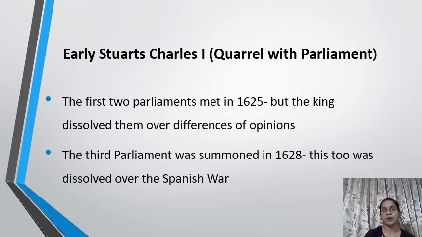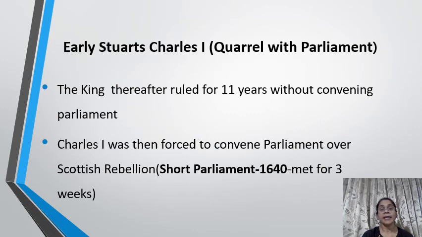This too was dissolved over the question of fighting a war with Spain, which the parliament did not agree to. The king thereafter ruled for 11 years without convening Parliament because he did not want them to overrule his decisions or not allow him to take decisions with regard to anything.